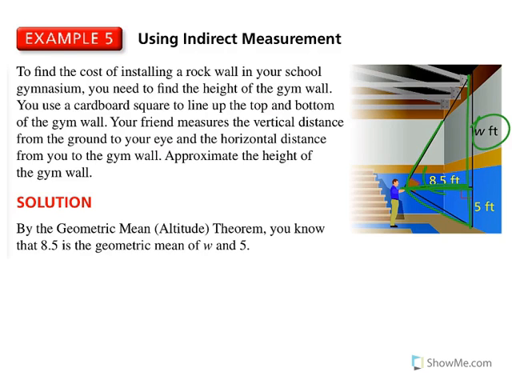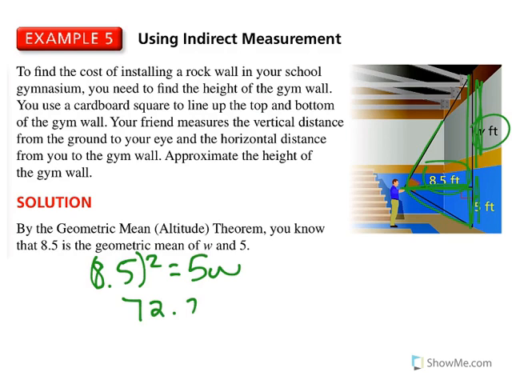Well, I have my altitude here, and I know that my altitude squared is going to equal my 2 pieces of my hypotenuse multiplied together. Okay, so now I have it set up. So 8.5 squared is 72.25, and that's equal to 5W.